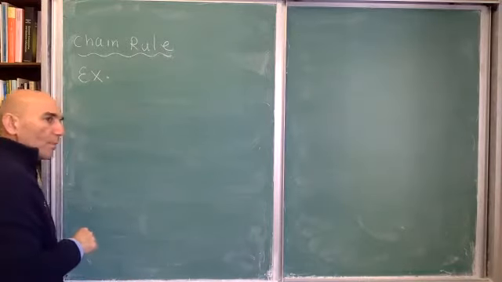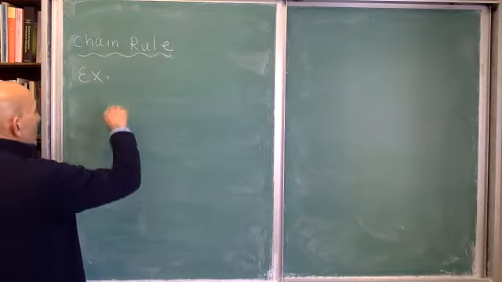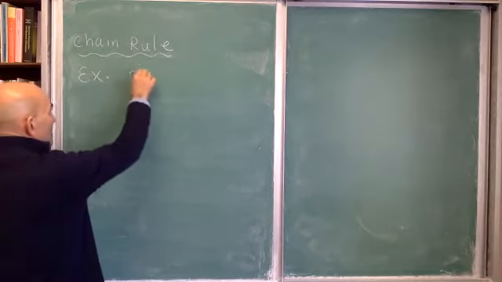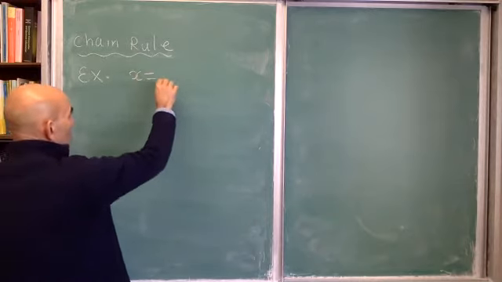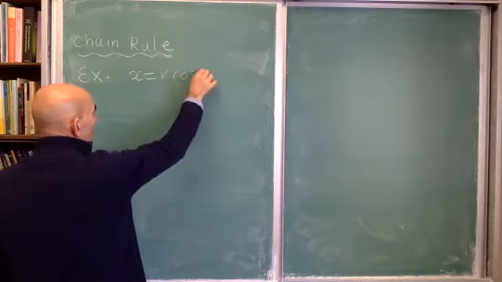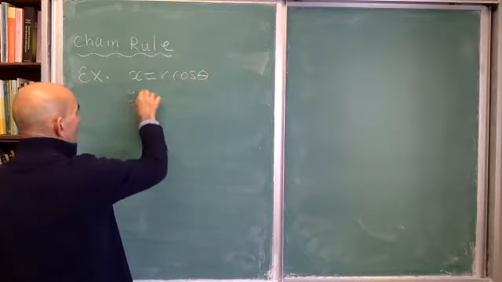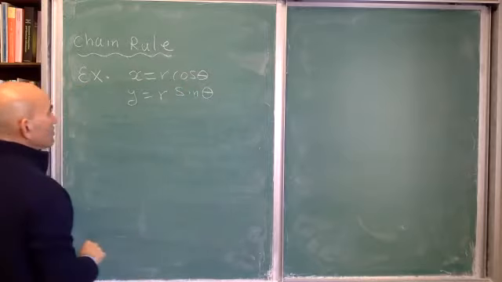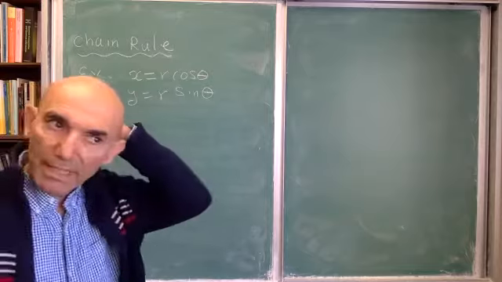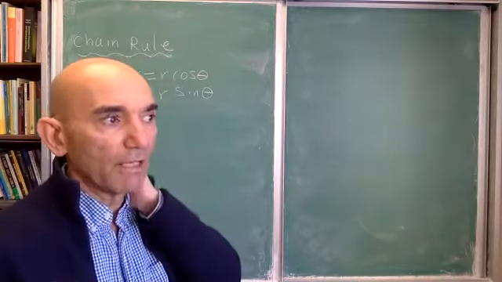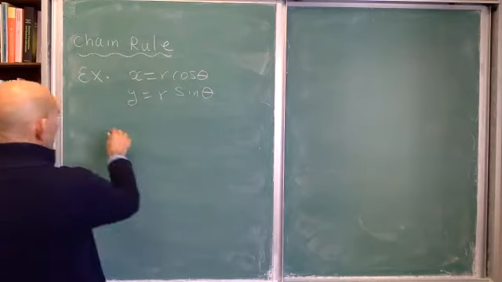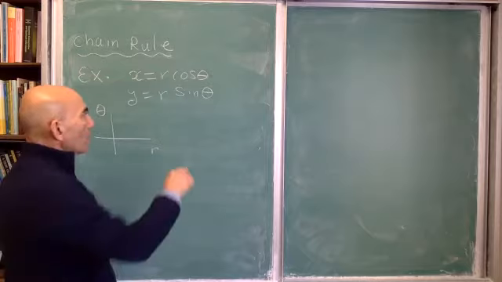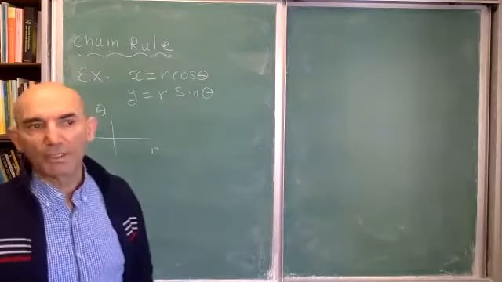So one of the examples could be something like this. We have functions like that: x equal to r cosine of theta, y equal to r sine of theta. So this is a transformation that sends a function in our r, theta variables. We don't care about the geometric meaning of r and theta at this stage.